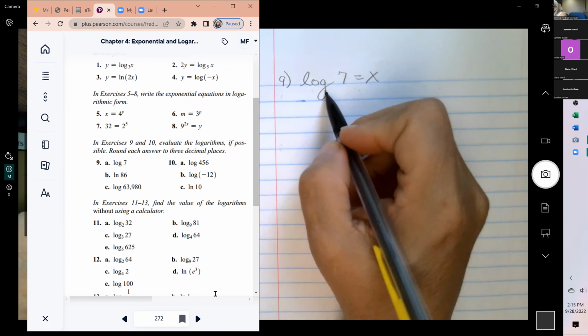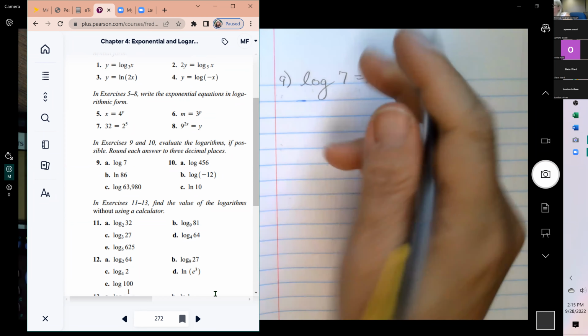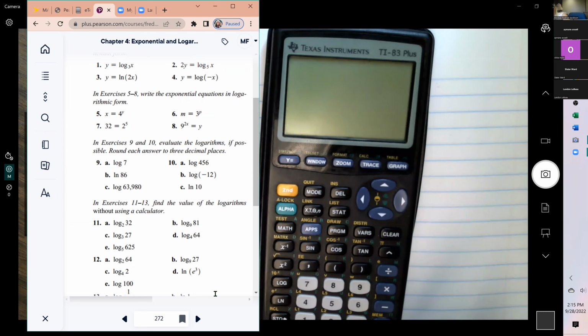The log button is right here. So log of 7. You should be getting 0.845.